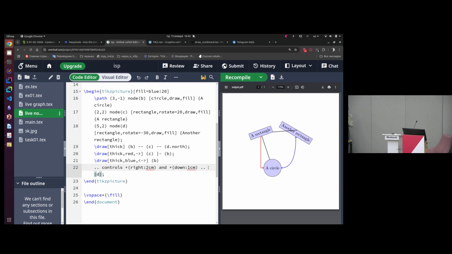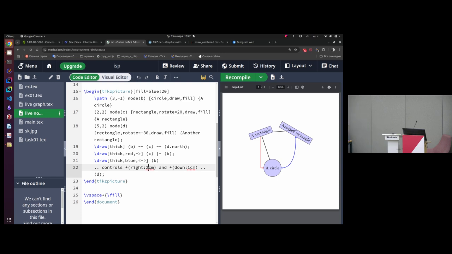These controls kind of help to curve the line in the manner that we want. So you can play with these numbers and see that these are kind of special dots that help you control where this line will curve if you want to beautify your graph.